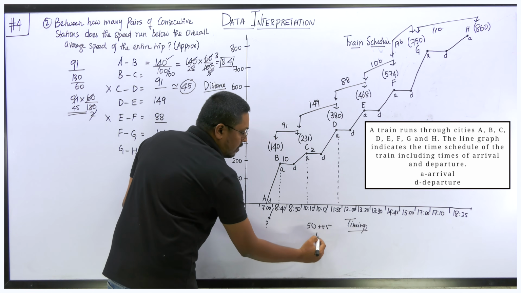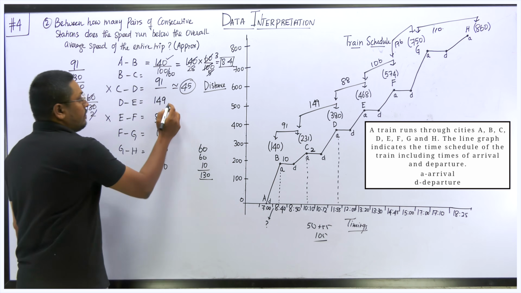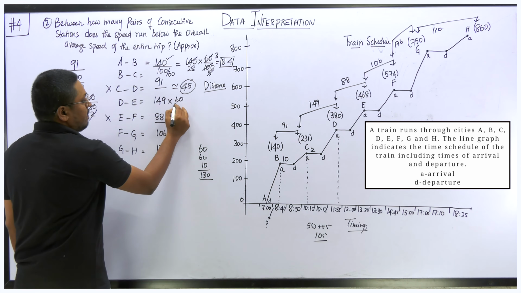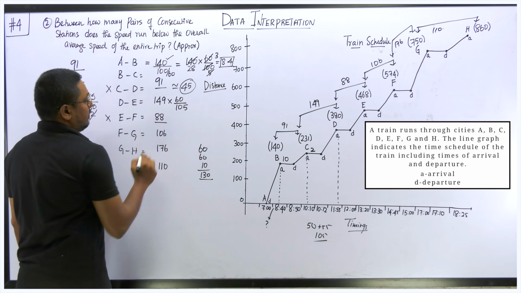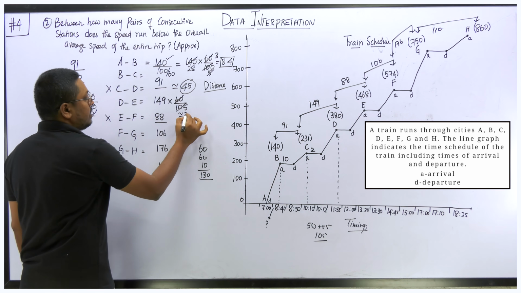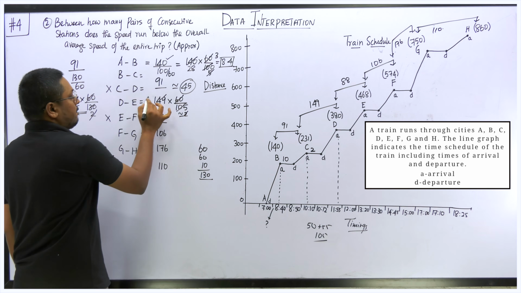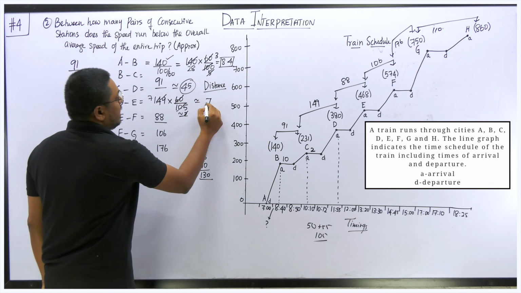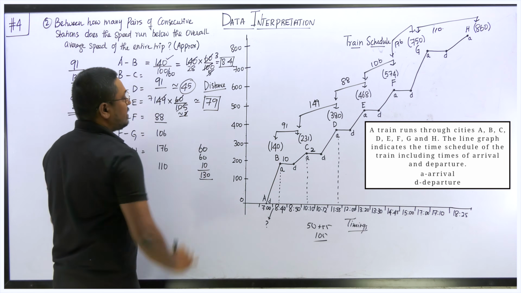So which will be around 105. So 149 into 60, 105. Approximately it's 2 something, 14, something around 79, right? So average speed will be something around 79.